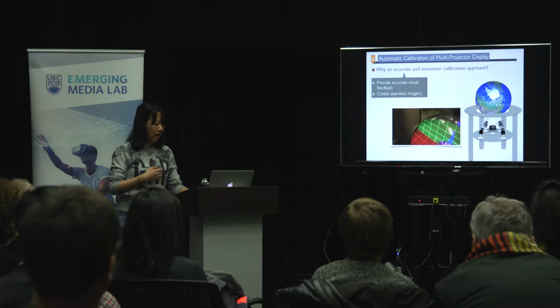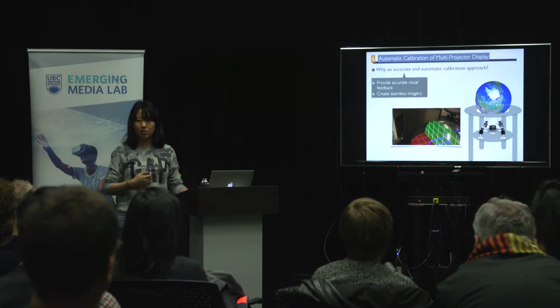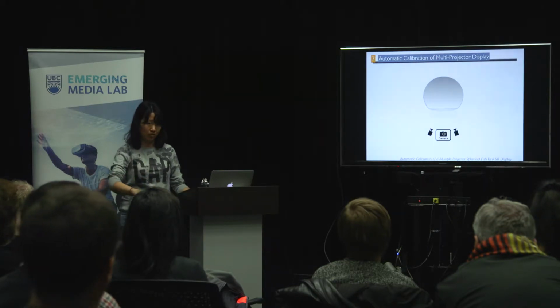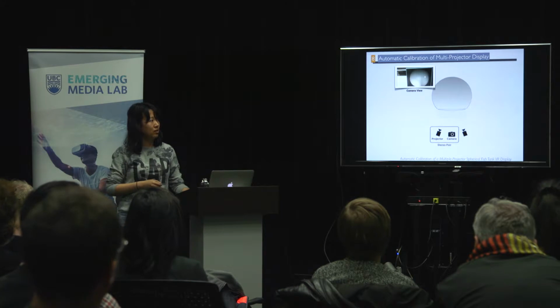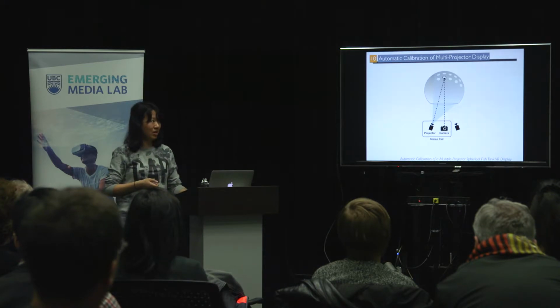Failure to do so will cause artifacts that can easily break the 3D illusion. To solve this problem, we developed an automatic calibration approach by putting a camera at the bottom of the sphere, projecting blob patterns onto the spherical display, and having the camera observe them, and then we reconstruct the projected patterns.